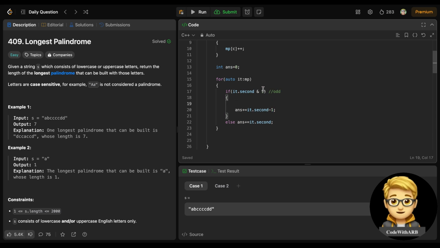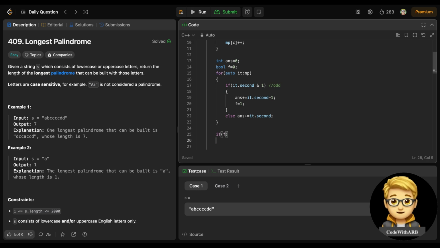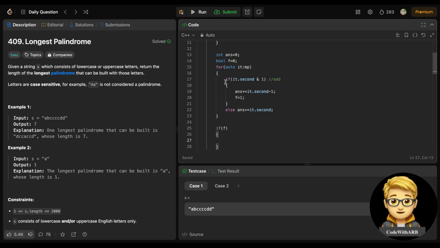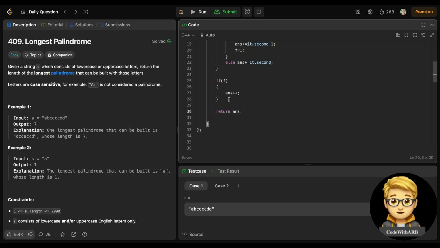So I will take a bool value, f equals 0, and make this flag. If f is 1, it means I have a character which is present an odd number of times. So I will just increment my answer and return that. Simple, right?